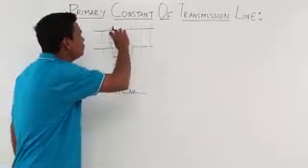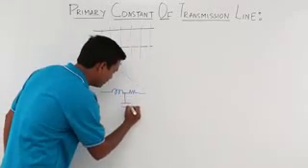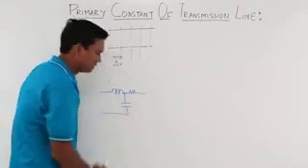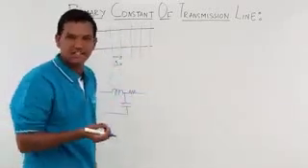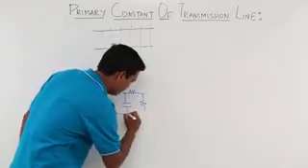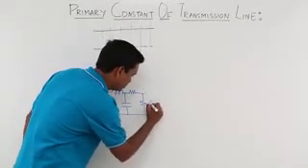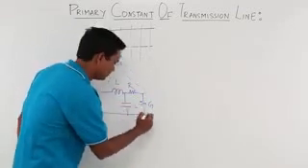Now, as this will look like a two parallel plate capacitor, in between them it will have a capacitance, right? Now, in between these two wires there can be charge leakages, so that will constitute the conductance. So this would be G, this would be R, this would be L, and this would be C.